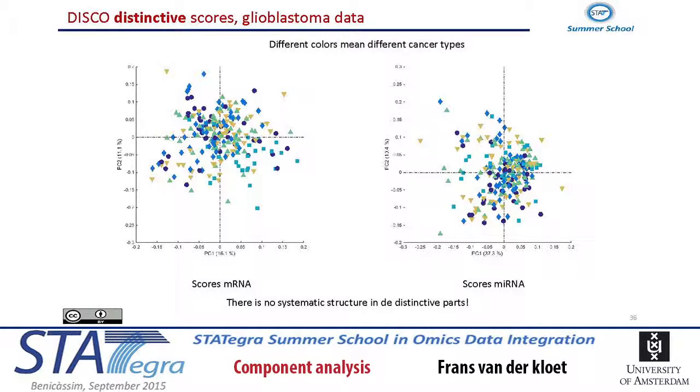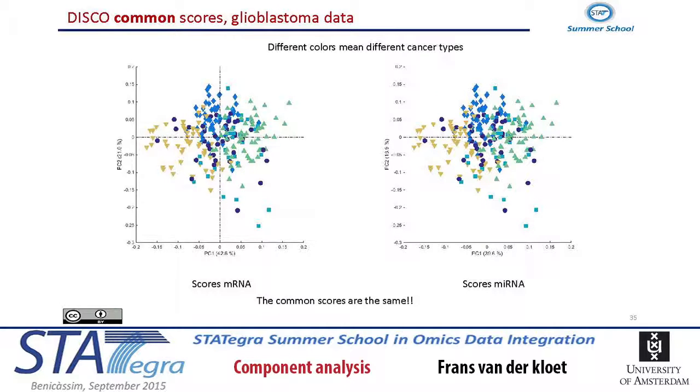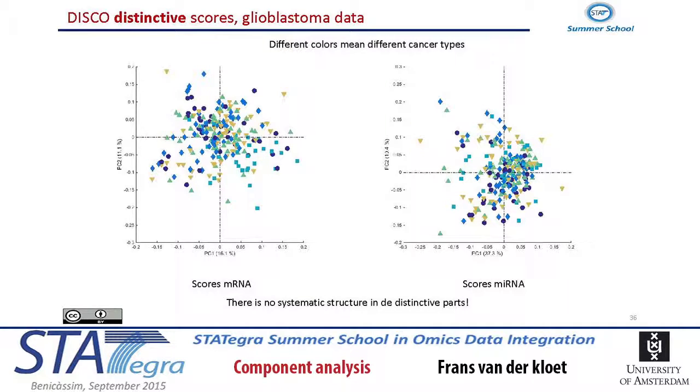And in the distinctive parts there is no real clustering visible anymore. So that would lead me to conclude that most of the interesting data is common and shared between both, and there is no real further need to look into these parts. So I can focus only on the common bit.